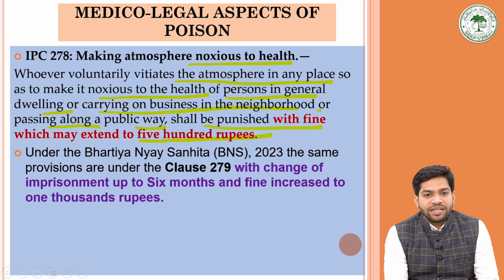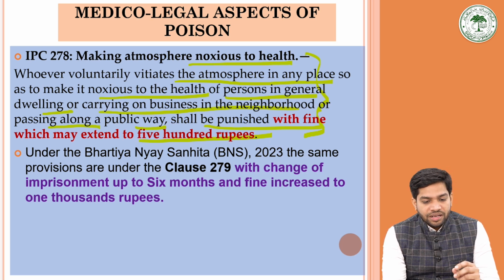So, those who are causing environmental pollution that is noxious to the health of persons normally living in that surrounding shall be held responsible under this section. Even noise pollution can be included under this section. Those who are creating unnecessary noise may be punished under this IPC 278.